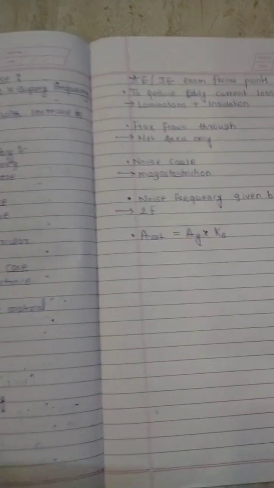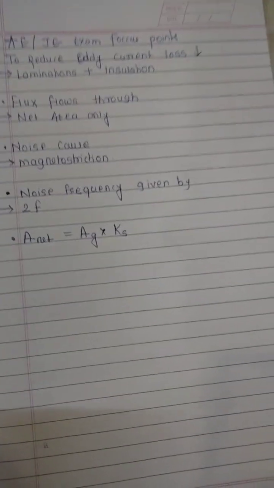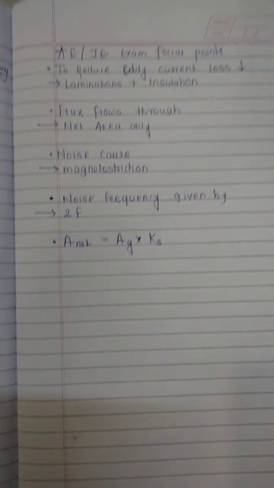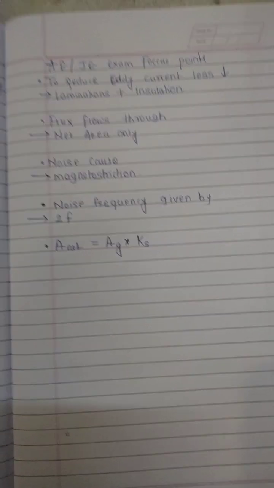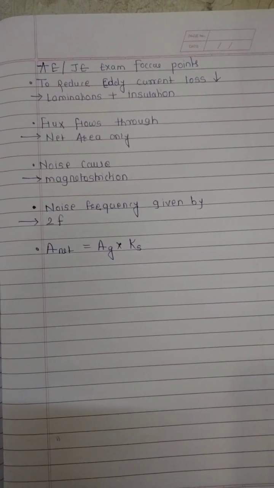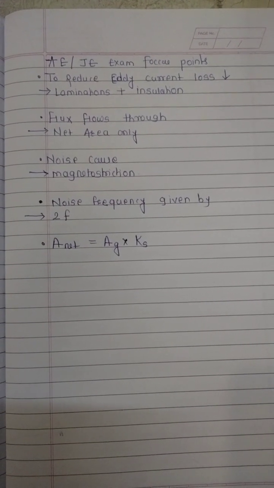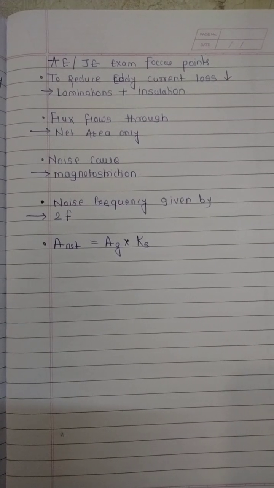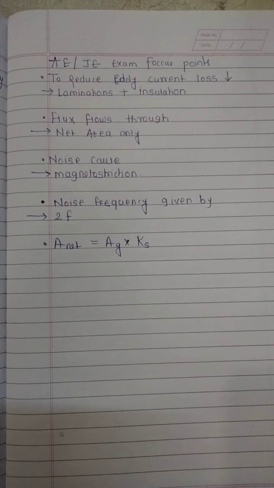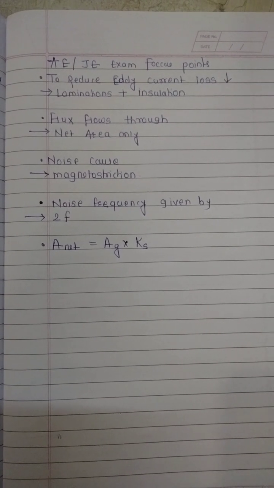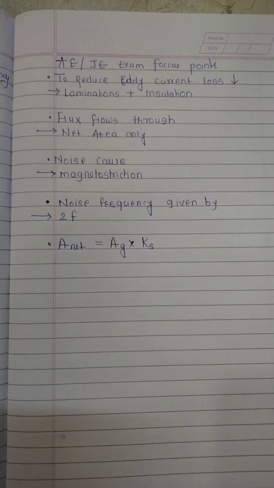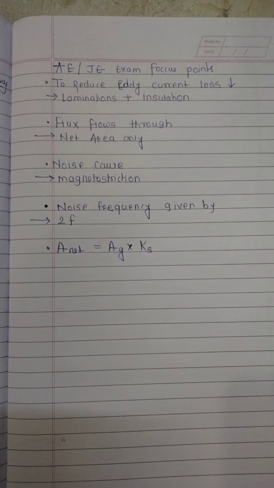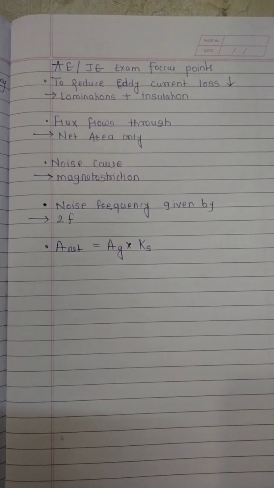Let us see some key points which are important from the AE and JE exam point of view. To reduce the eddy current loss, we use laminations plus insulation. Flux flows only through the net area, and noise causes magnetostriction.